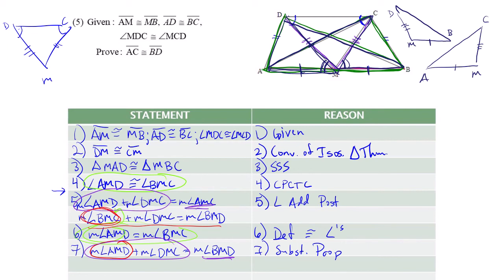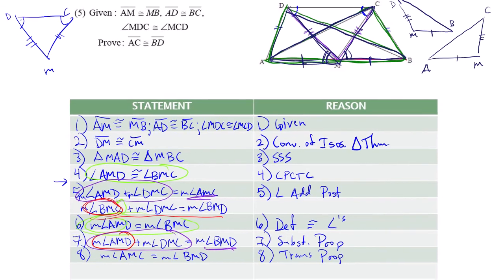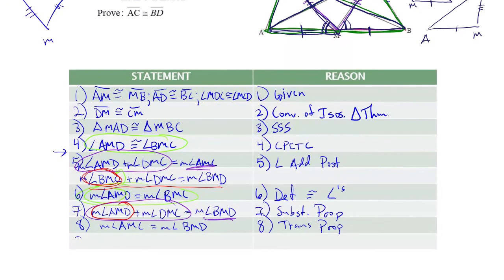So that must mean that the measure of angle AMC is equal to the measure of angle BMD, by the transitive property. And therefore they must be congruent, by definition of congruent angles.